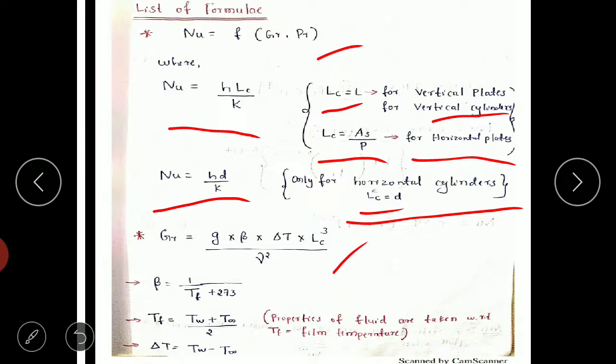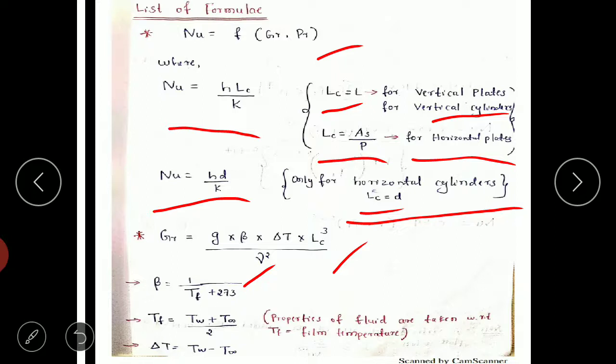Then Grashof number is equal to g beta delta T Lc cube divided by nu square. Again, g is 9.81, beta is 1 upon Tf plus 273. So beta is always calculated using the temperatures in Kelvin. Remember this. Unit of beta is 1 by Kelvin.